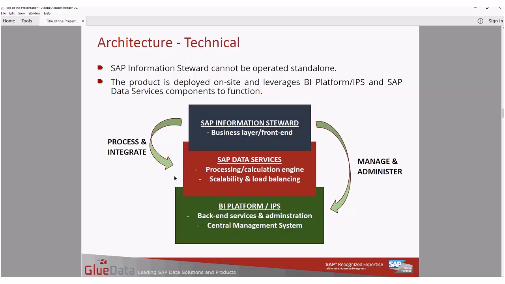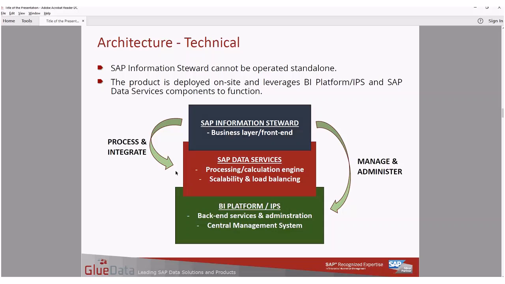But then you would be limited in terms of prepping the data and then obviously executing the ETL processes that might come before and after the Information Steward step in your data flow. Some data services licenses do include certain modules of Information Steward for free, and that would just depend on how many cores you go for and what type of license you procure.